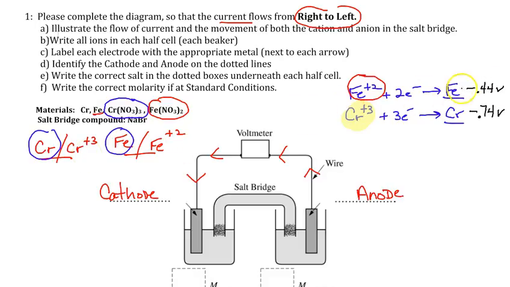So looking at iron and chromium into the respective ions that we got from the solutions, I can see that chromium is the more reactive metal because when it goes in the reverse, it's going to have a bigger positive when it oxidizes. So it's better at losing electrons. Therefore, chromium is your anode. Again, I got these from the reduction potentials. I just transcribed them. And therefore, iron is your cathode.